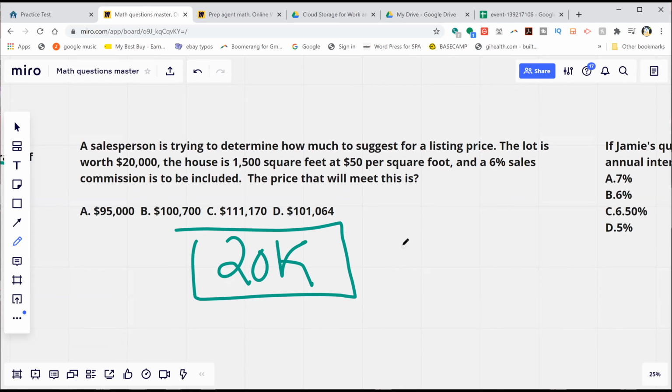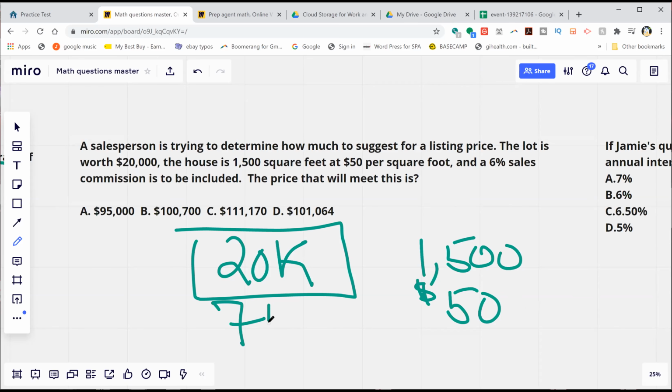Then we have the home at 1,500 square feet. That's going to be $50 a square foot, okay? So I would multiply those two together. And what do you get? You should get 75,000, right? That's what you should get for the home.